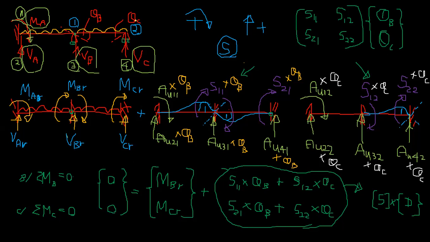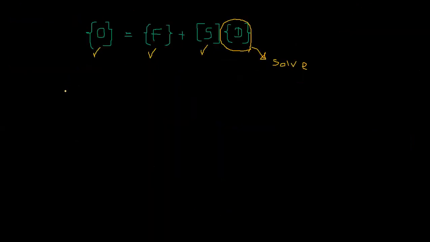In the force method, we solve for unknown redundants. So since we are solving for unknown displacement, we need to find each and every action. So we have 4 actions: MA, VA, VB, and VC.